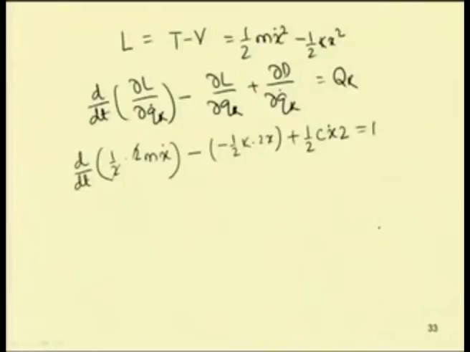So it will be equal to f sin omega t, and the 2 cancels. So this becomes m x double dot plus k x plus c x dot equal to f sin omega t.